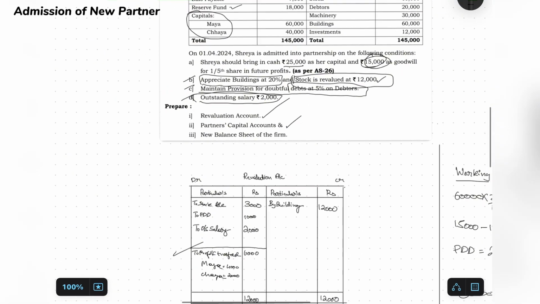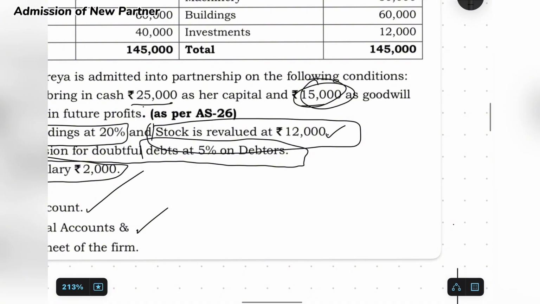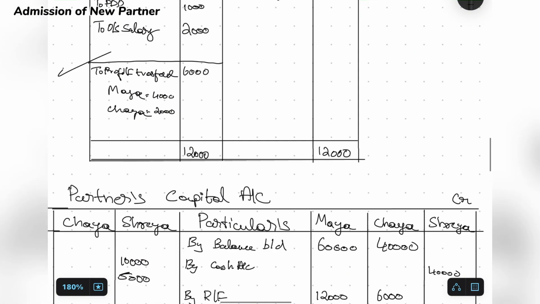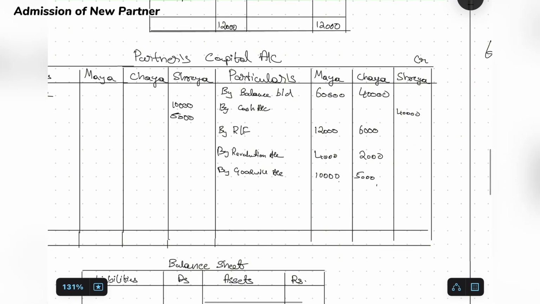Clear? Here the question is given as per AS 26. That means I should share the goodwill with the old partners, take this goodwill amount from the new partner and share it with the old partners. This is what the accounting standard AS 26 states.